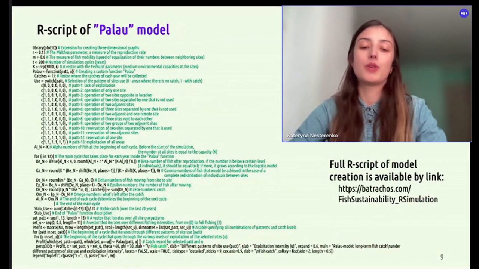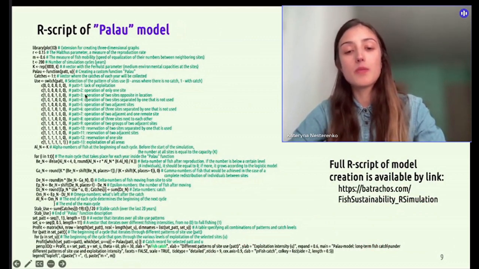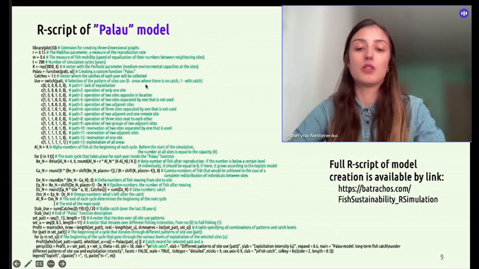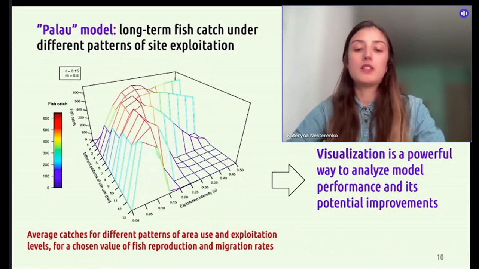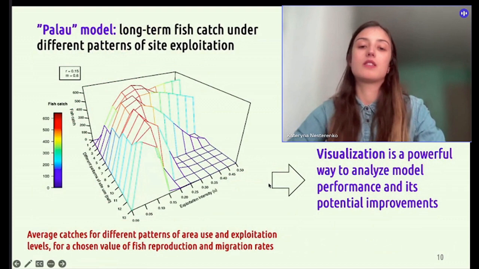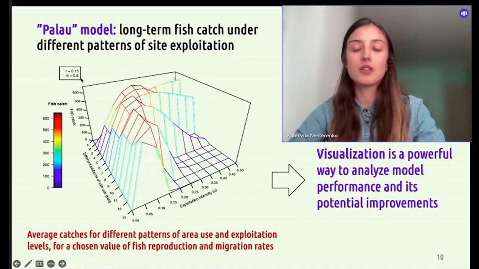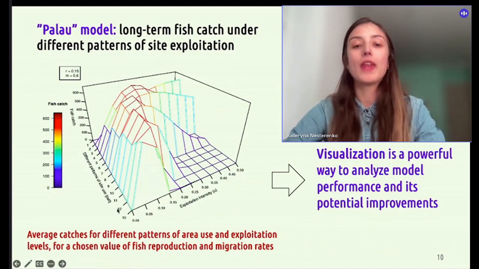We designed and created this model in the R language. It is quite small and can be downloaded from the link on the screen. We calculated what the sustainable catch would be at certain intensities of reproduction and migration under different conditions of intensity and patterns of catch.